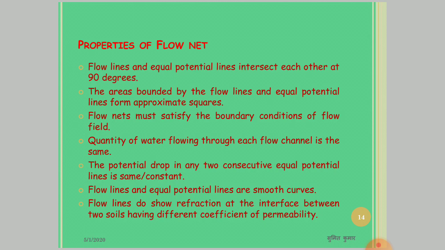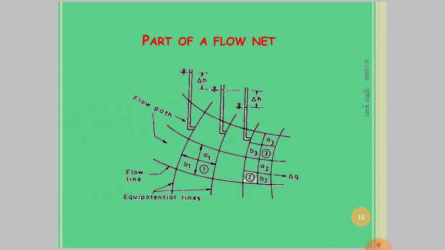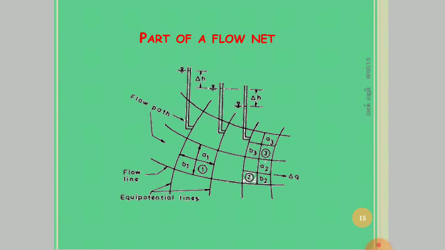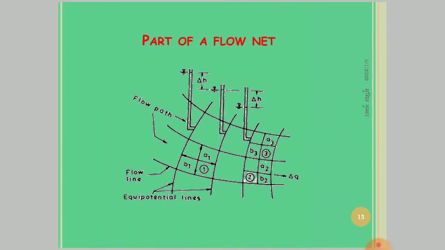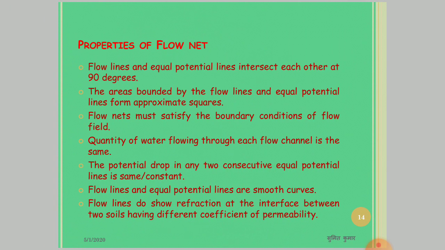The potential drop between any two consecutive equipotential lines is the same. This means the potential drop in field 2 and the potential drop in field 3 in this figure will be the same. Flow lines and equipotential lines are smooth curves. Flow lines do show refraction at the interface between two soils having different coefficients of permeability.